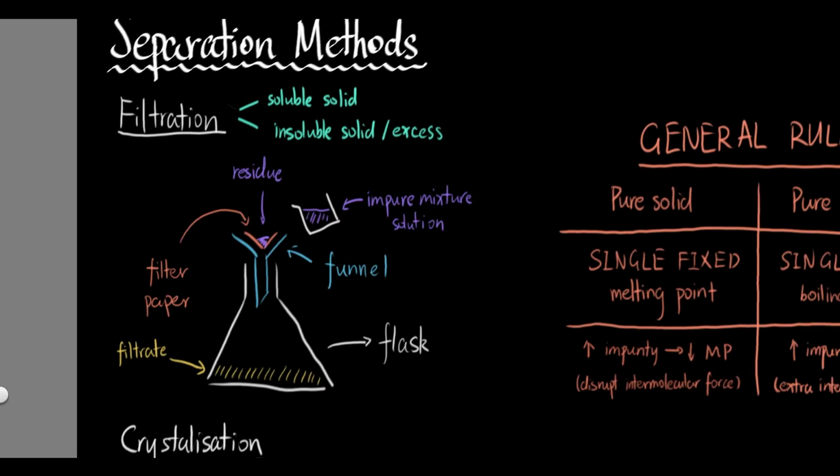You need something to filter it on, and what is left on the filter paper is called the residue, and what is inside that flask is called the filtrate. That's basically the labelled diagram for this one, and there's nothing much really. Just remember to draw a funnel and always draw filter paper, and never forget filter paper because it's very important.